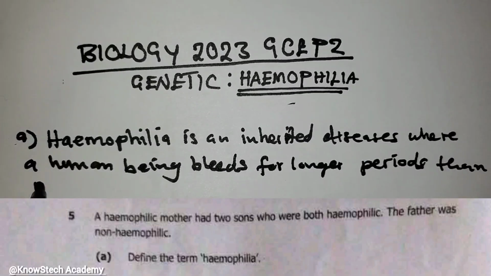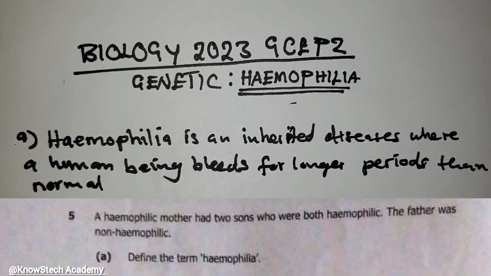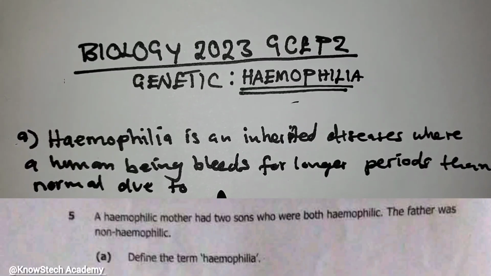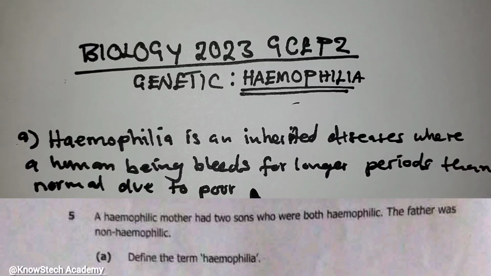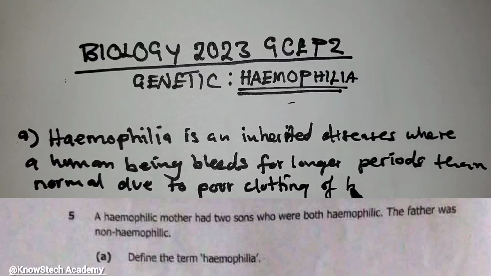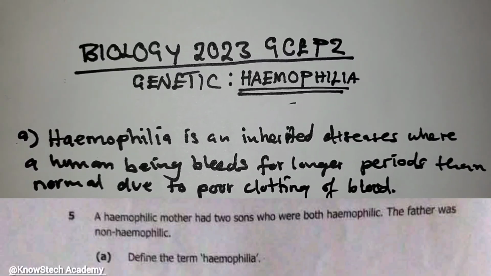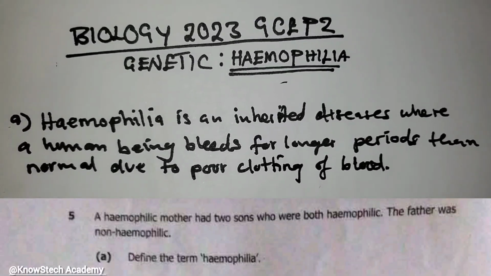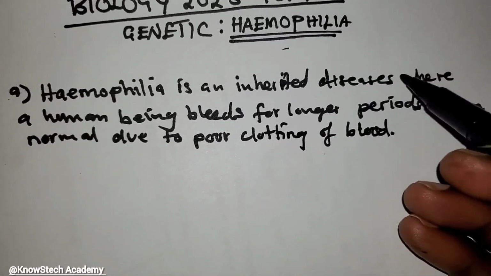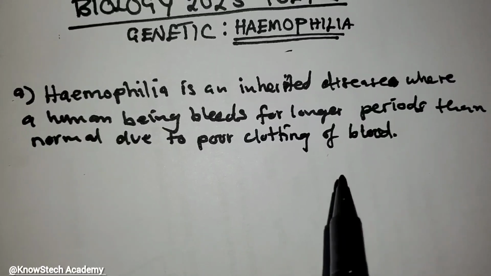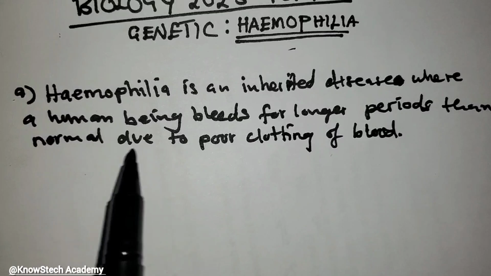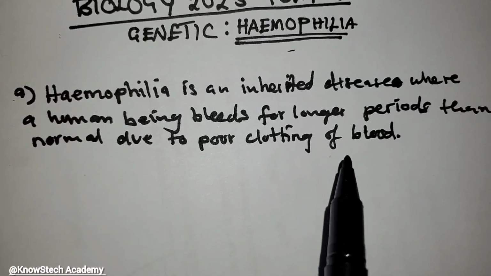This is caused due to poor clotting of blood. So this is the answer to the first question. Hemophilia is an inherited disease where a human being bleeds for longer periods than normal due to poor clotting of blood.